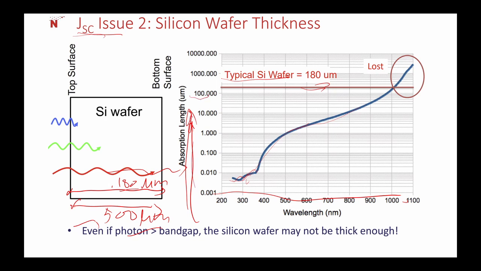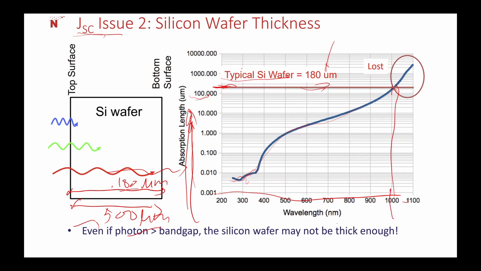In this much thick wafer, this is the light absorbed. This is the typical 180 micrometer. Above 1000 nanometer wavelength, the light is not absorbed by this 180 micrometer thick wafer, so this wafer cannot absorb above 1000 nanometer.